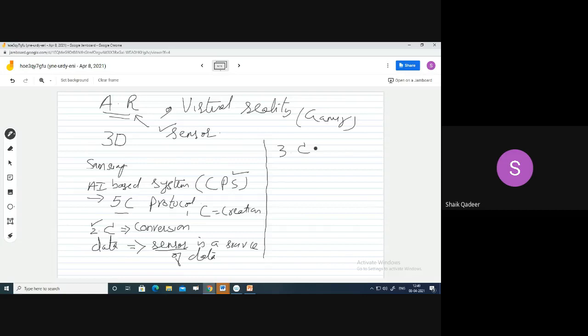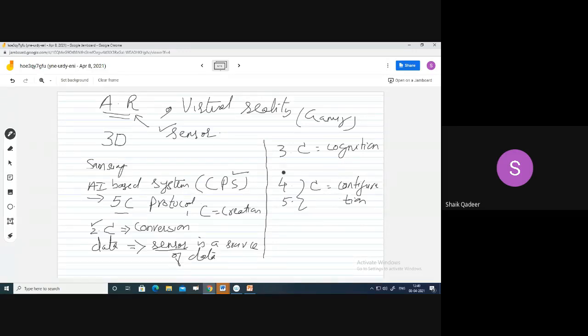Third is cognition. Fourth and fifth, both in short we can say are used for configuration.